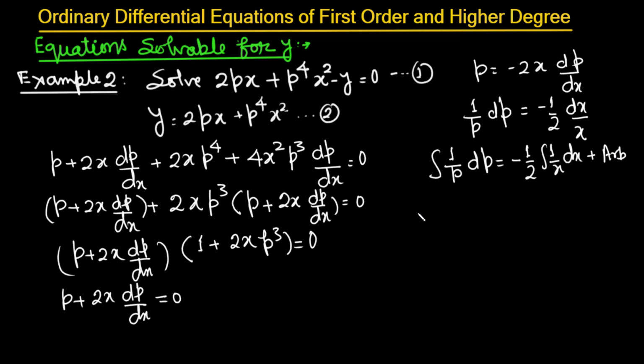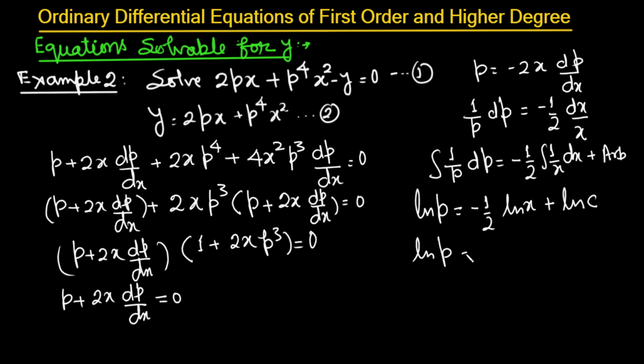Integration of 1 over p dp is log p, minus half, integration of 1 over x with respect to x is log x, and we know that when all the terms involve logarithmic functions, we write the arbitrary constant in terms of a logarithmic function also. So this is log c.